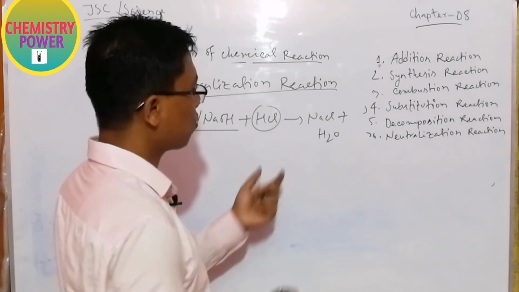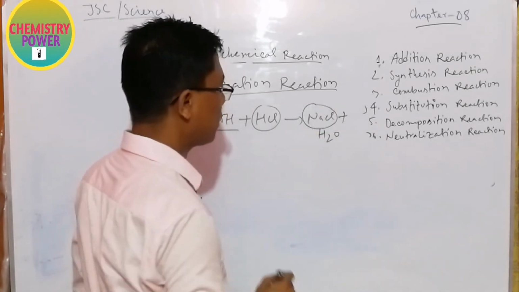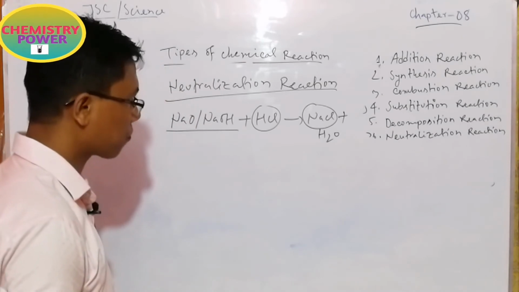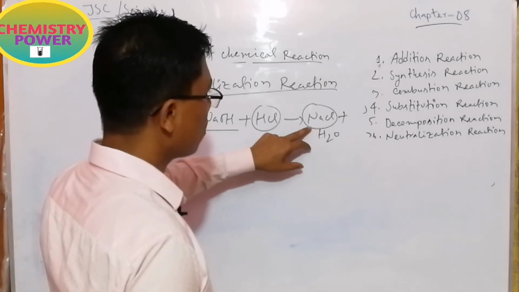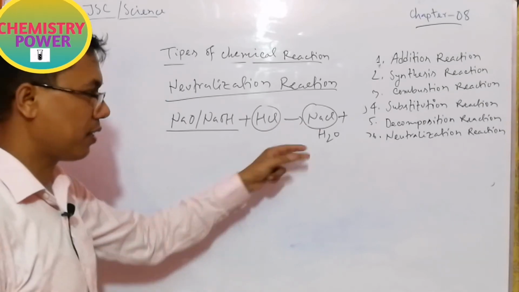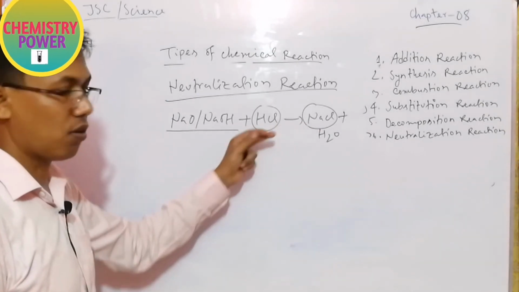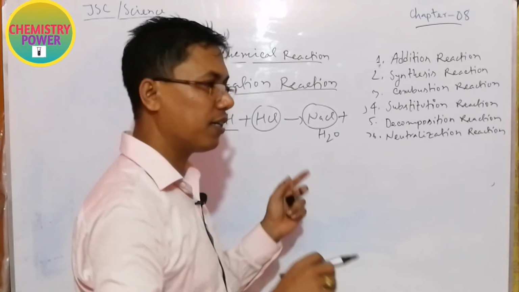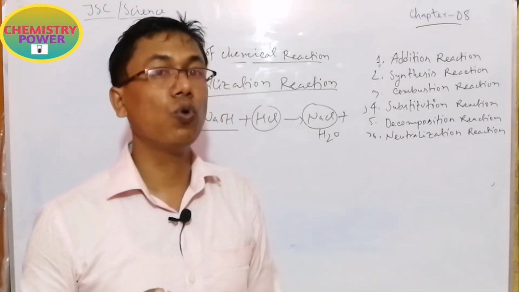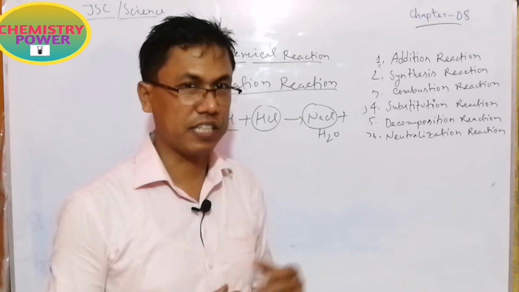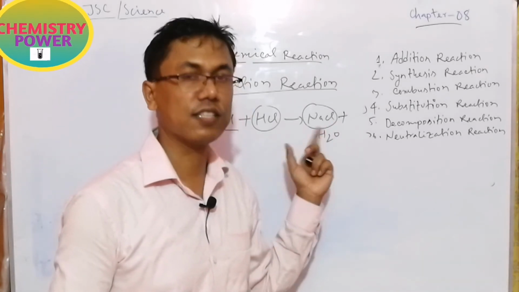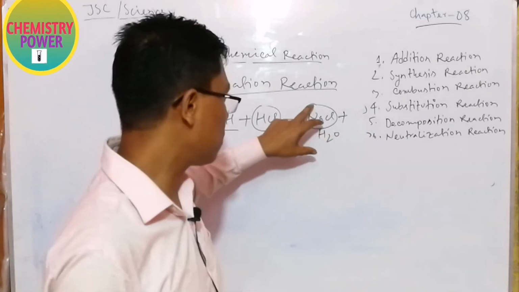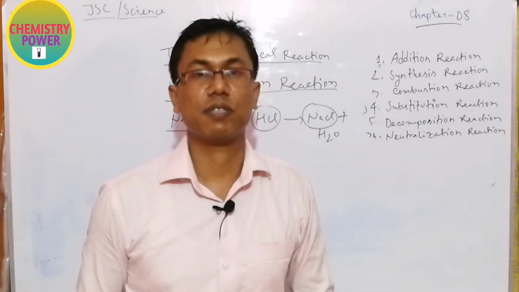Here in this reaction, the sodium chloride salt is a neutral substance because it is not an acid or a base. When blue or red litmus paper is dipped into this solution, there is no change for blue or red litmus paper.